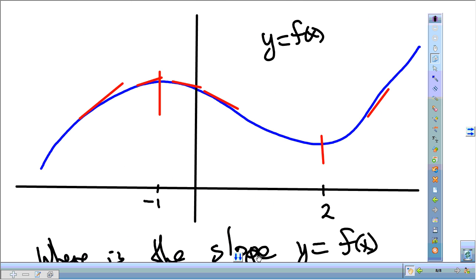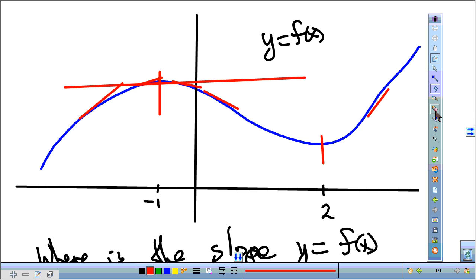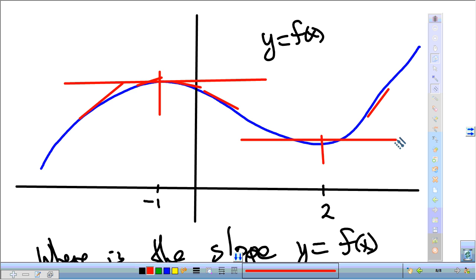And so there were a couple of places on this graph, somewhere close to -1, that the direction is pretty much horizontal, and also over at somewhere close to 2, we get a horizontal direction. And everywhere else it seems to either be a direction upward or a direction downward.